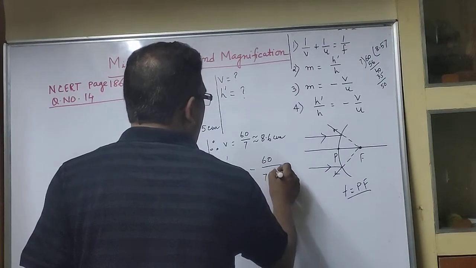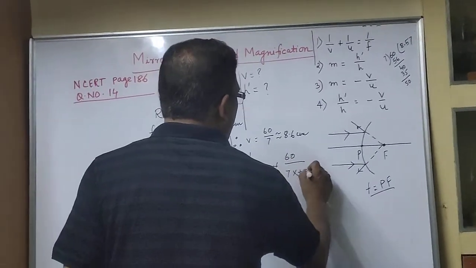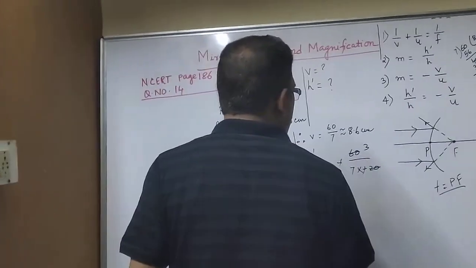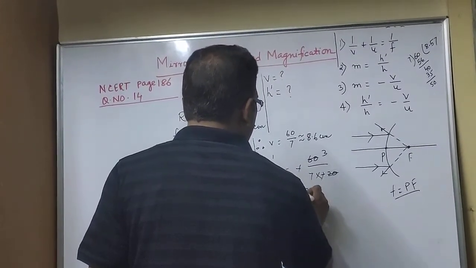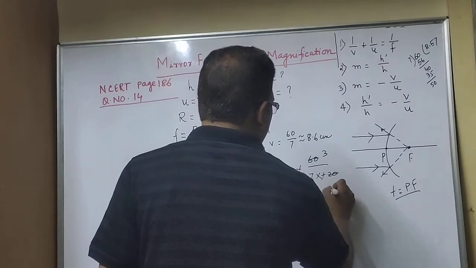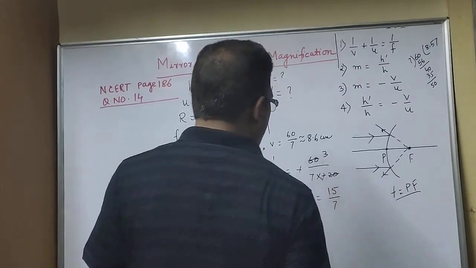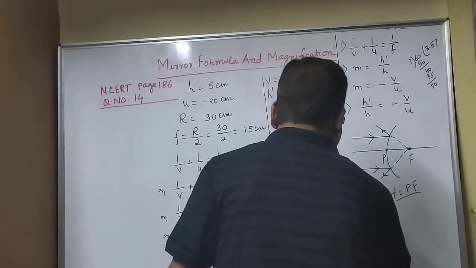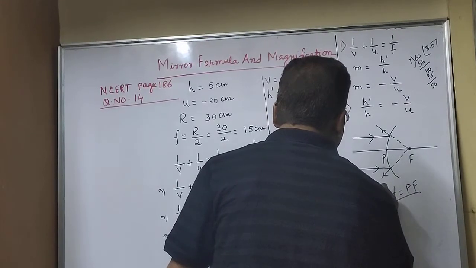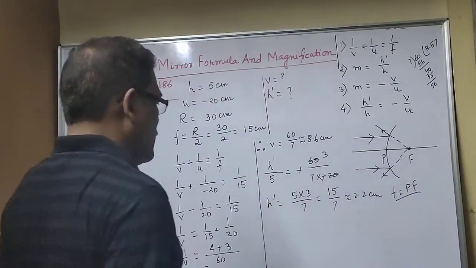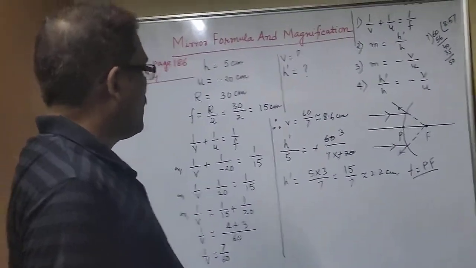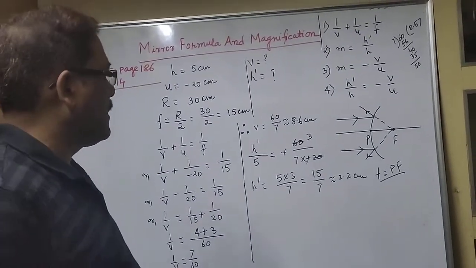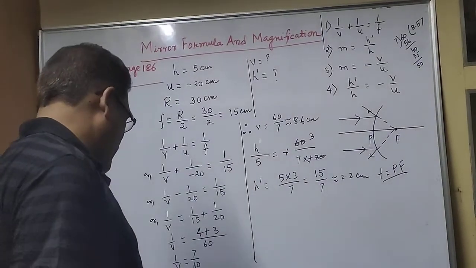So the minus minus cancel, and 20 goes into 60 three times. So h dash is equal to 5 into 3 by 7, that is 15 by 7, which is approximately 2.2 centimeter. So this is the size, the height of the image, that is 2.2 centimeter.